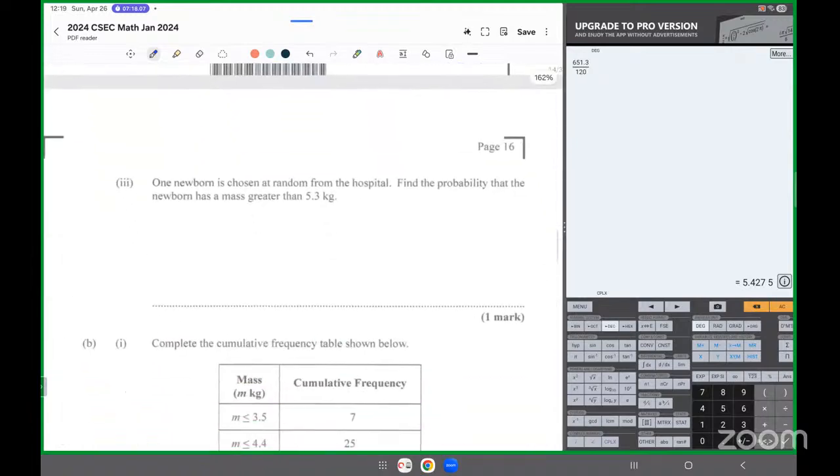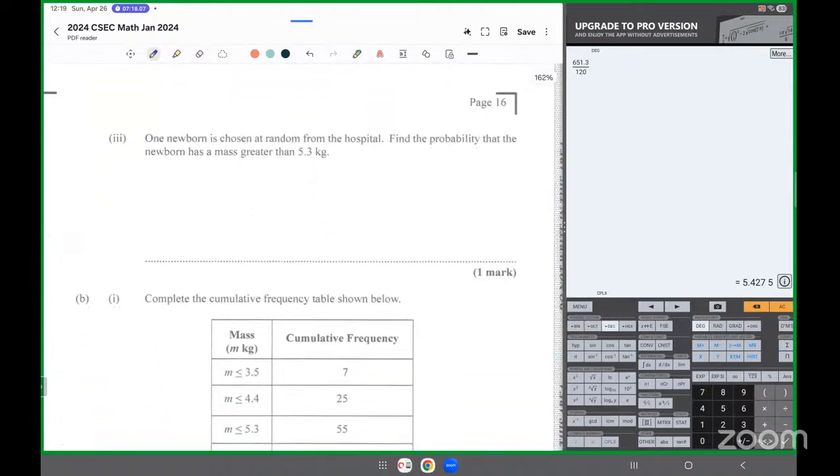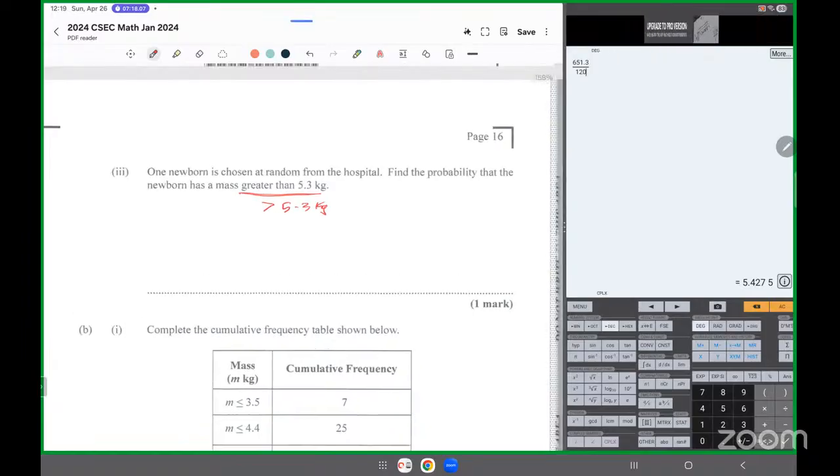Let's continue. It says one newborn is chosen at random from the hospital. Once you hear that, you know it's statistics and probabilities. Find the probability that the newborn has a mass greater than 5.3. So you want the mass to be greater than 5.3 kilograms. You go on the table and look.